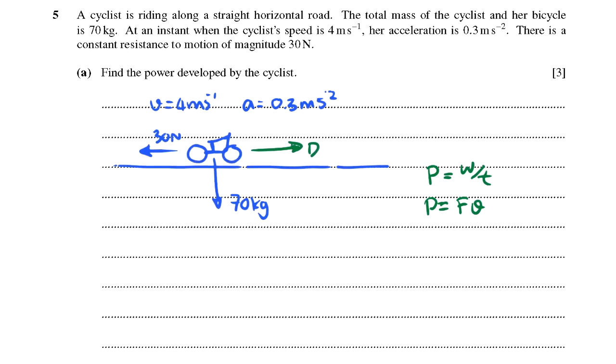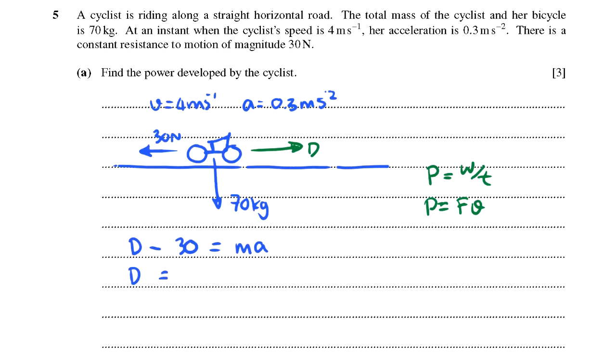Let's just call it D for driving force. Okay, we know it's accelerating, and we know there's a force forward and a force backwards. So there should be a force equation we can make. The driving force, which is going forwards, minus the 30 newtons, because it's going backwards in the opposite direction, equals the resultant force, which is mass times acceleration. Okay, we're trying to find D, remember.